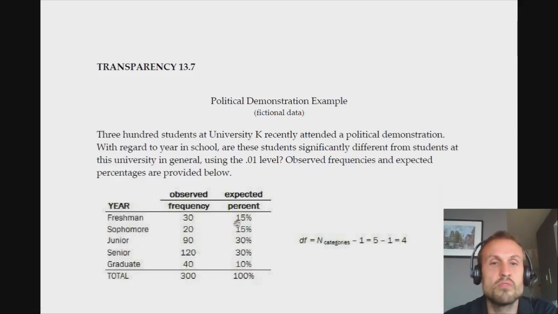So I would expect 15% to be freshmen and so on, 10% to be graduates, making up my 100% in the university. So the 300 students that attended the political demonstration, the breakdown in terms of these five categories, does it match the breakdown of the university as a whole according to these percentages?